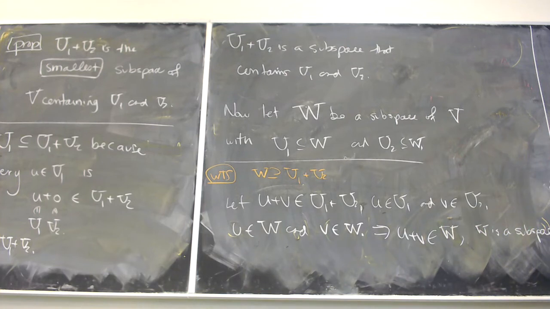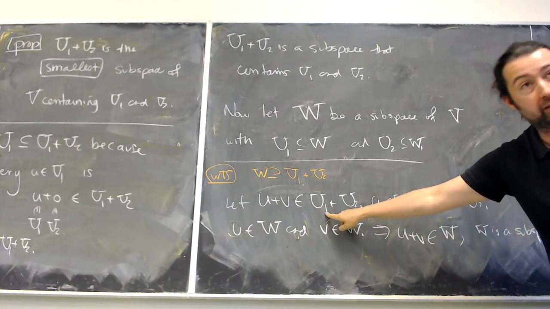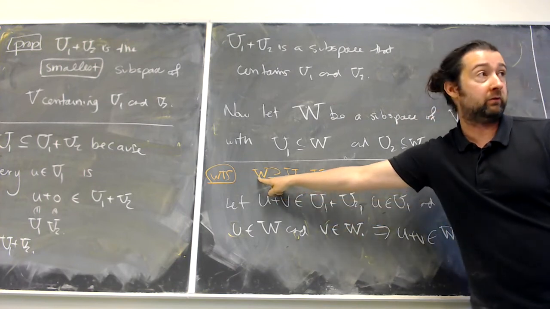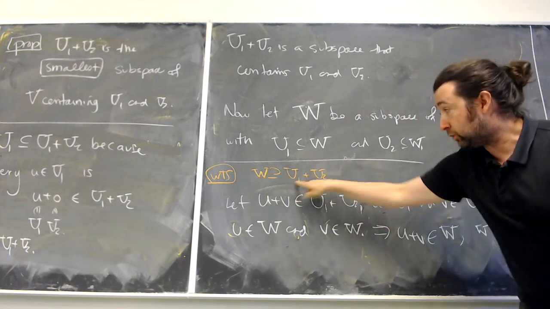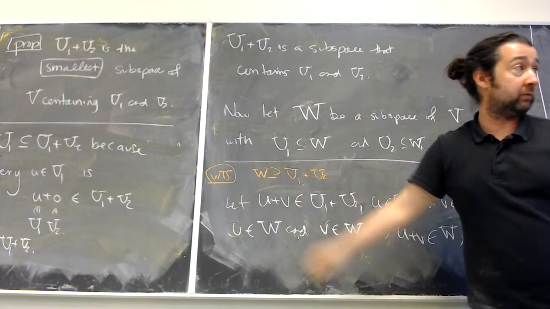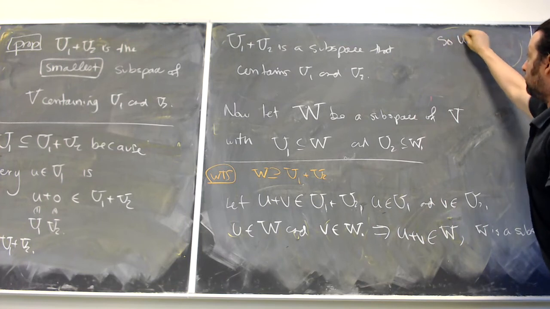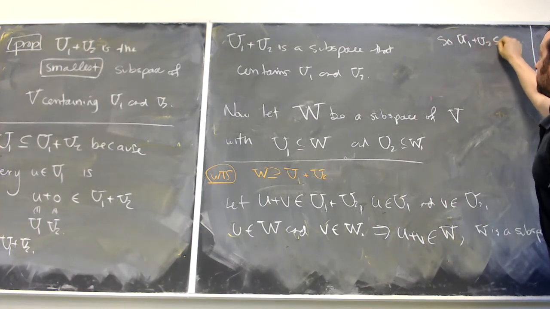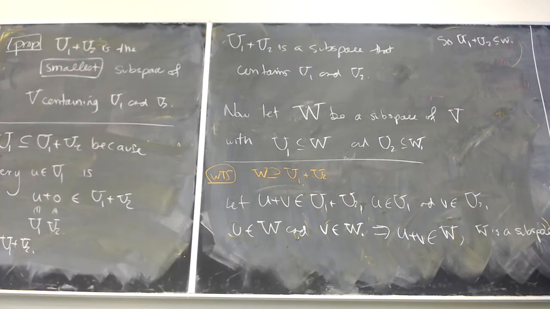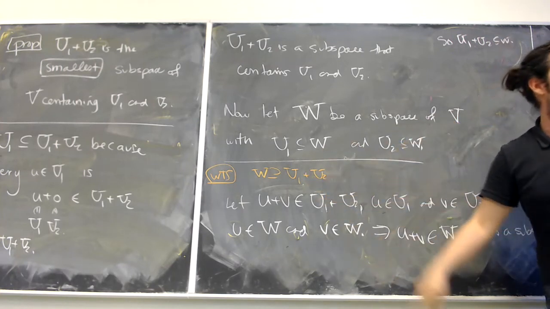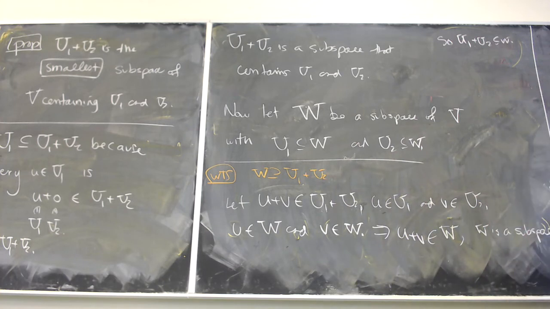So what you just proved is that if you pick an arbitrary element from U1 plus U2, it's also an element of W. And that means you've proved that U1 plus U2 is a subset of W, which is exactly what we were trying to prove. That means that U1 plus U2 is the smallest. Any other subspace containing U1 and U2 also contains U1 plus U2. And that's the conclusion of the argument.